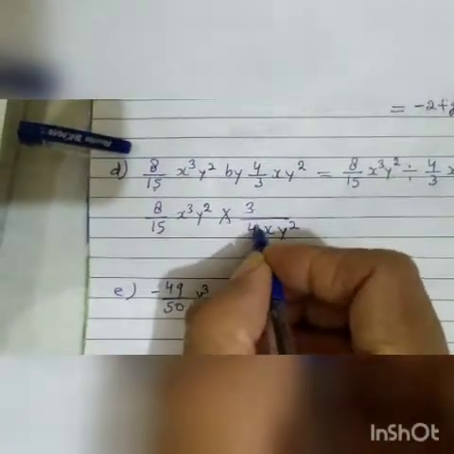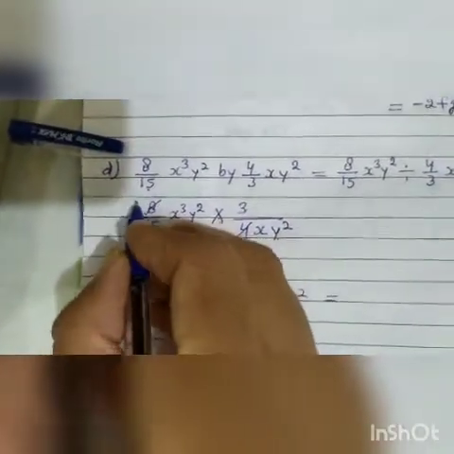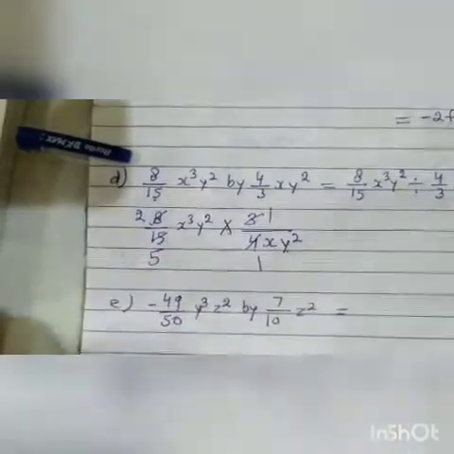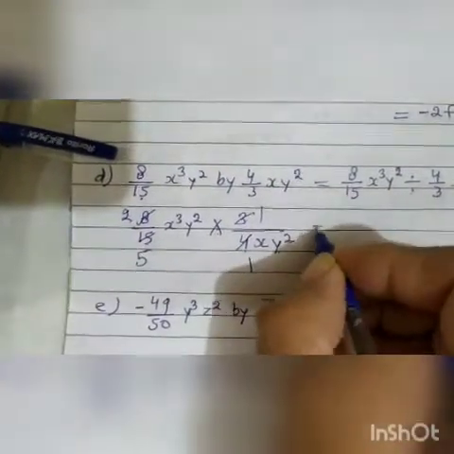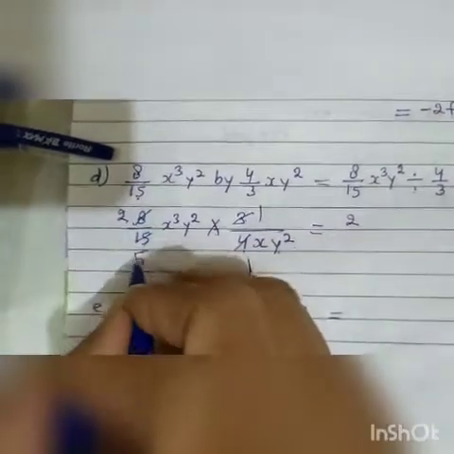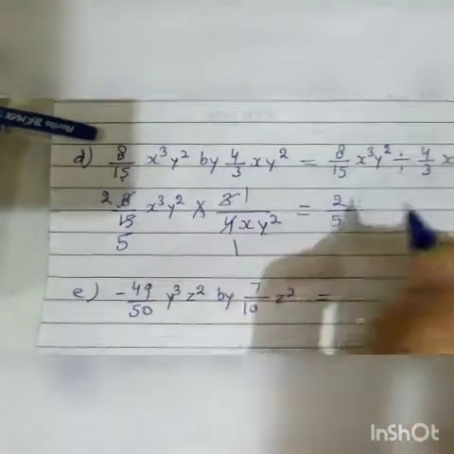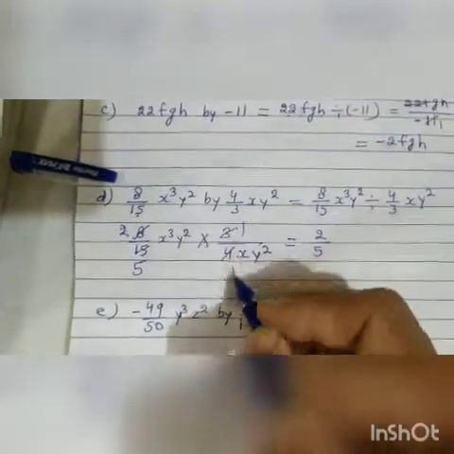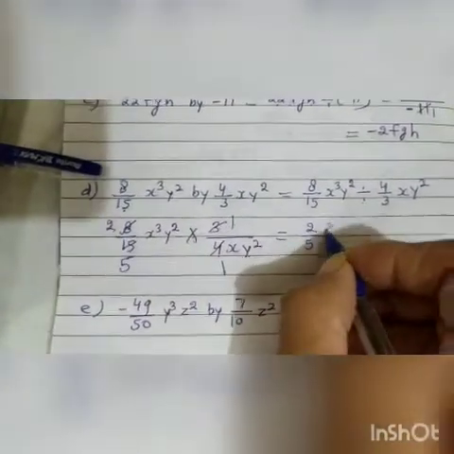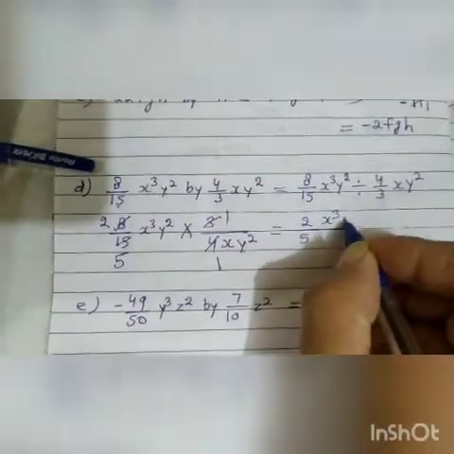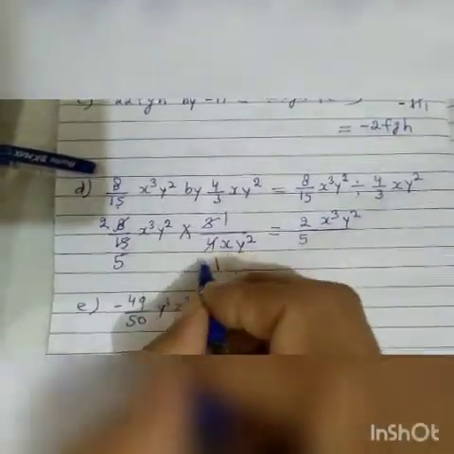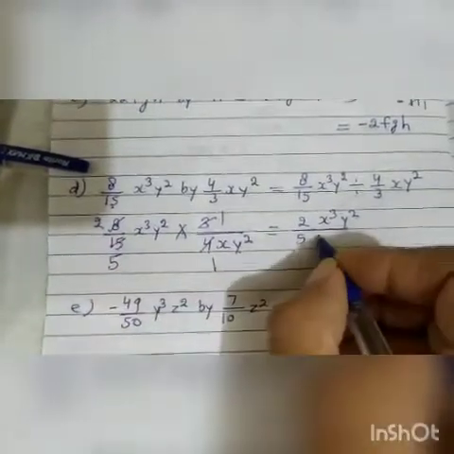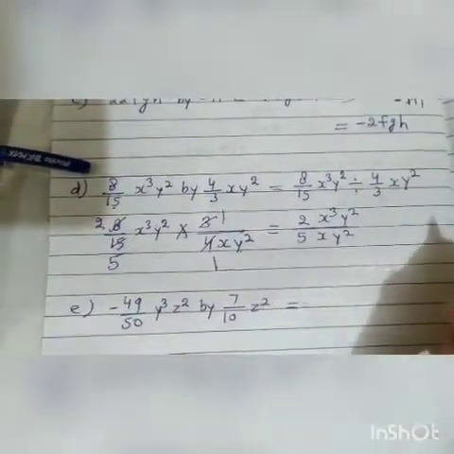Now we can simplify this. 4 1 is 4, 4 2 is 8, 3 1 is 3, 3 5 is 15. Now it is 2 upon 5, and this is 1 upon 1. Leave this 1 upon 1. It is x cube y square upon this xy square.